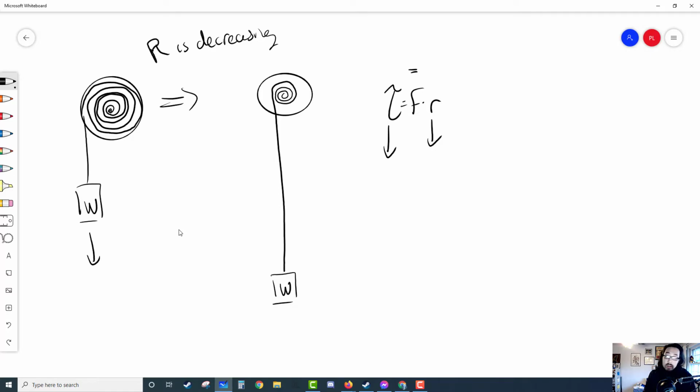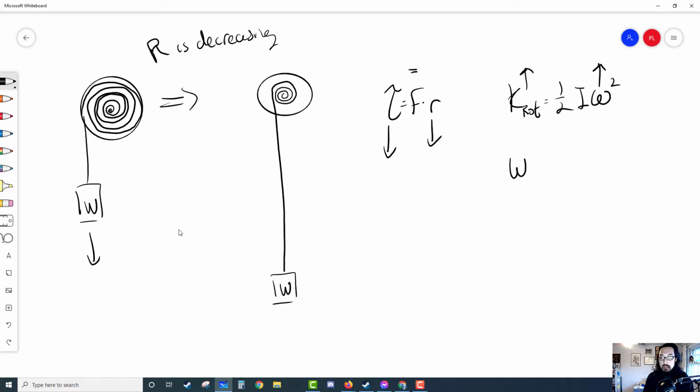Rotational kinetic energy. For this one, just find the equation for rotational kinetic energy. K rot is 1/2 I omega squared. So it's speeding up, getting faster, therefore K rotational is also increasing.